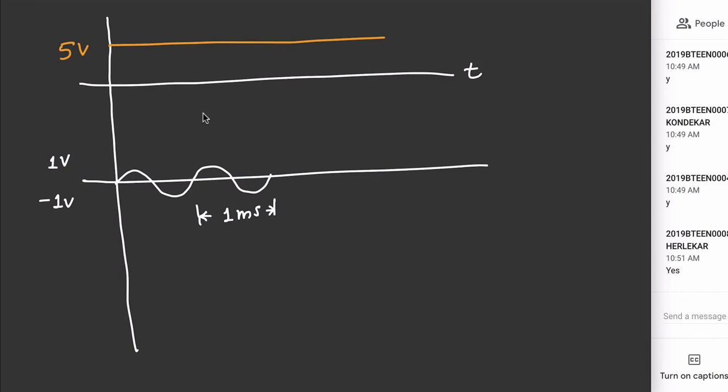And now there will be addition. The third signal is 0, so there is nothing to add. So what will be the addition? The addition will be basically a 5 volt signal.